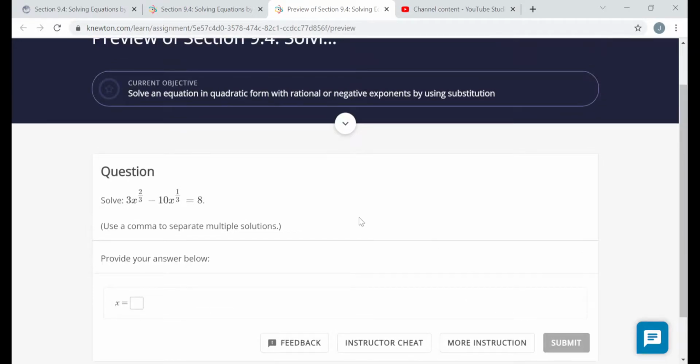Okay, so this first question is on the objective: solve an equation in quadratic form with rational or negative exponents by using substitution.